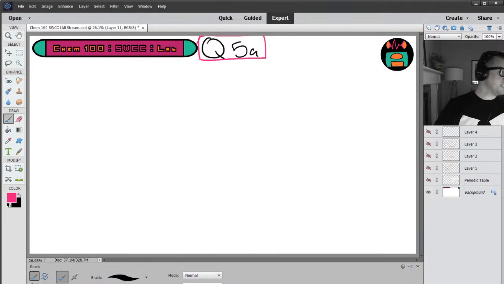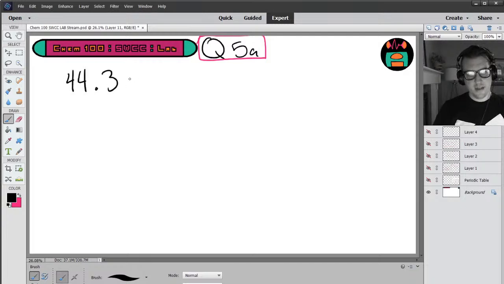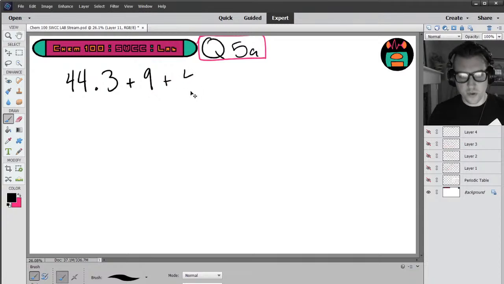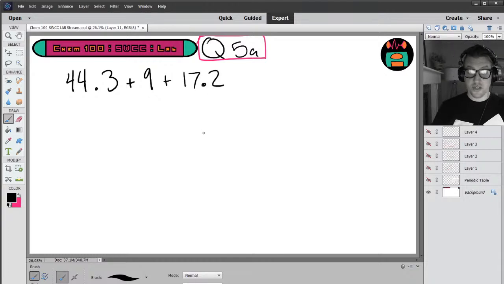Let's see, 44.3 plus 9 plus 17.2. All right, so this is an addition problem.